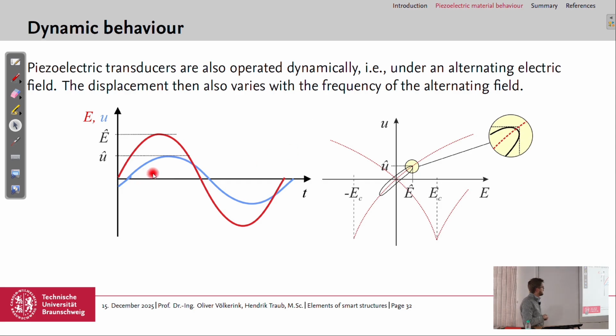And if we look at this, we would have here the electric field in a sine, and then the displacement of the piezoceramic, which follows with some delay also in a sine curve. This is what we saw yesterday on the picoscope, and I think we will also see in the lab.